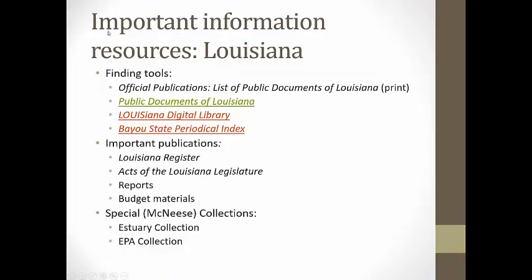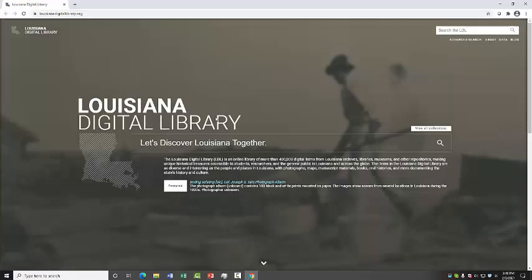Okay, the next we're going to look at is the Louisiana Digital Library. This is an online library of more than 400,000 digital items from Louisiana archives, libraries, museums, and other repositories. And I know that from the McNeese Library archives, we have historical photos that are going to be in here.